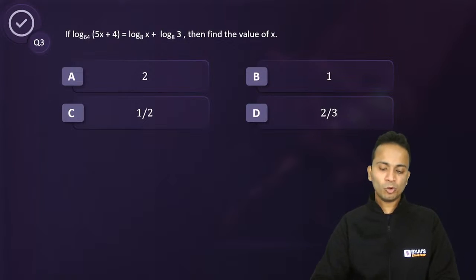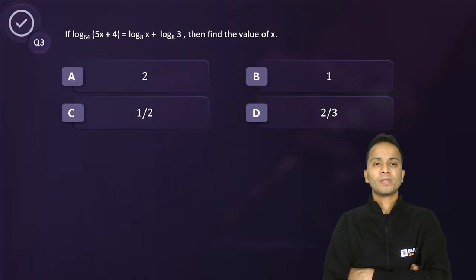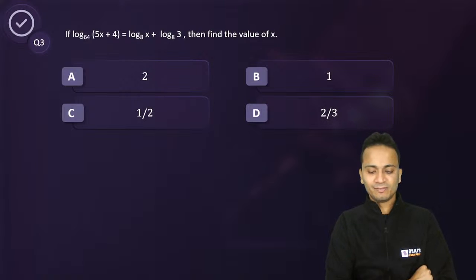Okay, I'll give you some more time for this one. लॉगरिथम का क्वेश्चन है, लॉगरिथम का क्वेश्चन देखते ही सबके पसीने छूट जाते हैं.